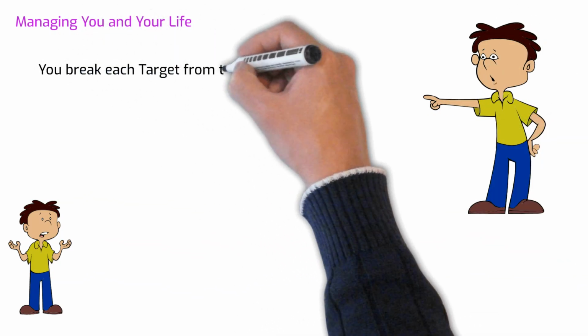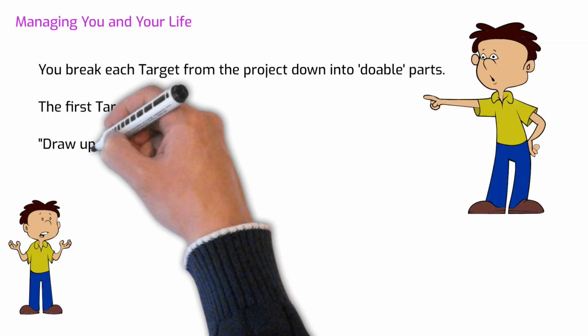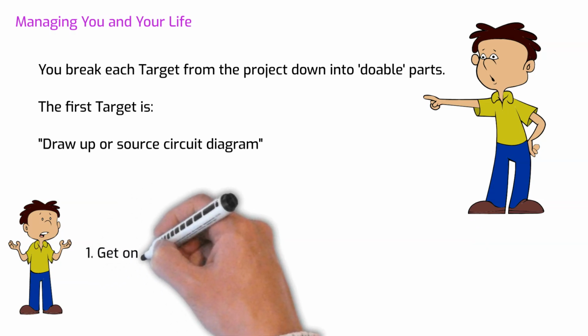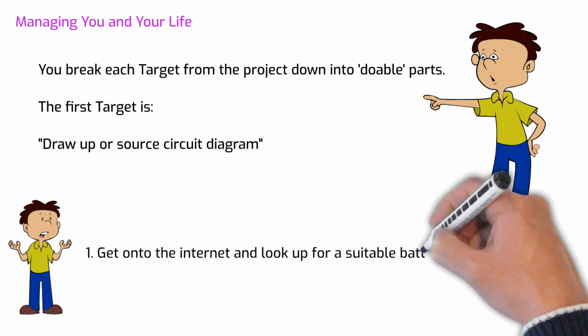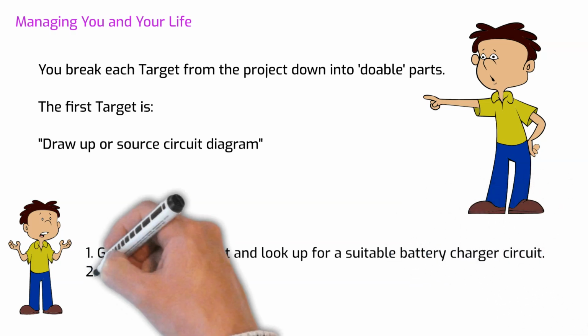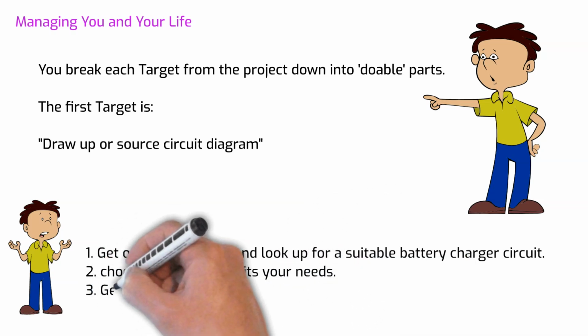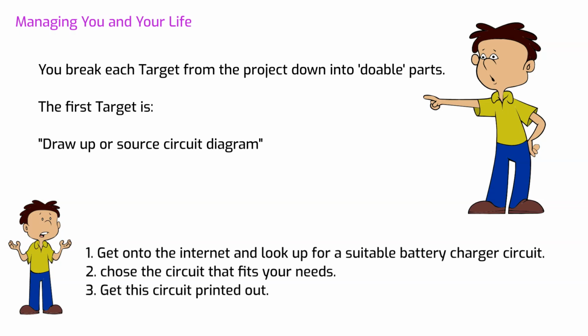The first target is draw up or source circuit diagram. 1. Get onto the internet and look up a suitable battery charger circuit. 2. Choose the circuit that fits your needs. 3. Get the circuit printed out.